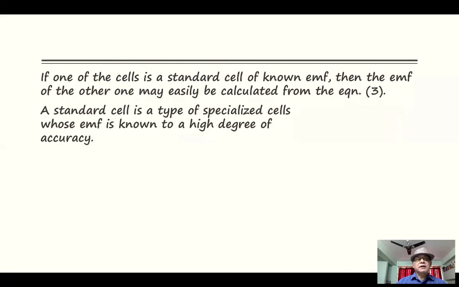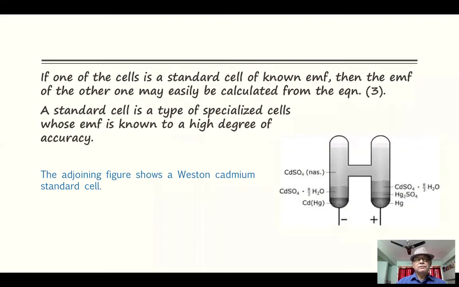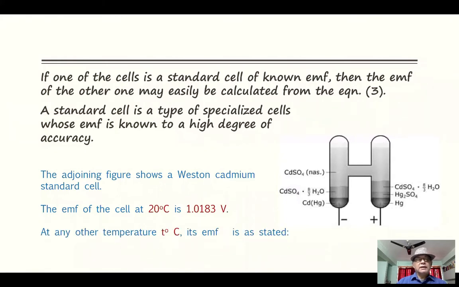A standard cell is a type of specialized cell whose EMF is known to a high degree of accuracy. The adjoining figure shows a Weston cadmium standard cell. The EMF of the cell at 20 degrees centigrade is 1.0183 volt. At any other temperature T degrees centigrade, its EMF is as stated.